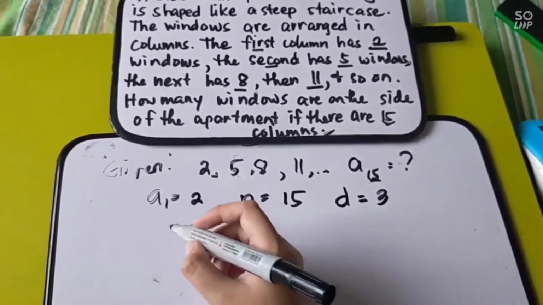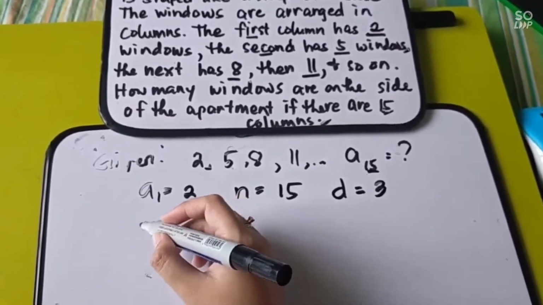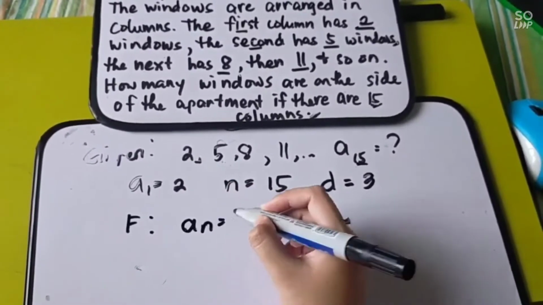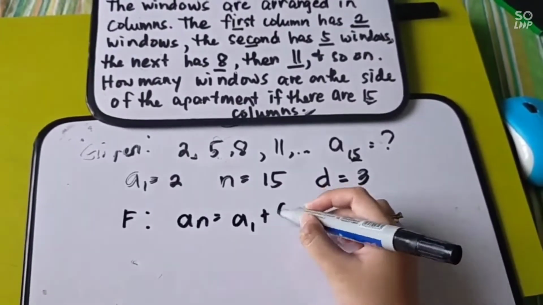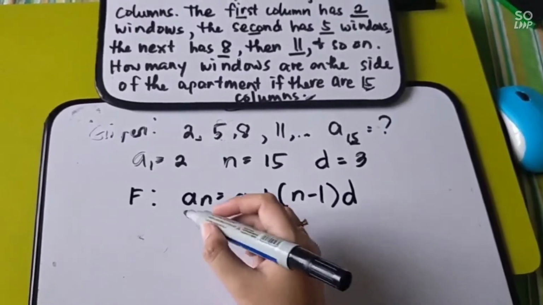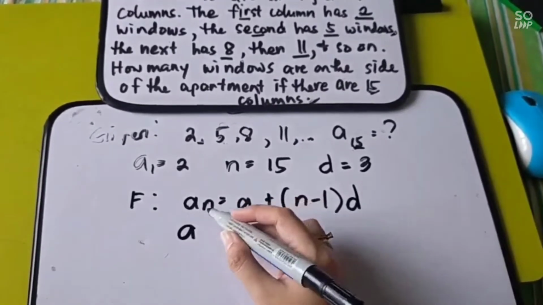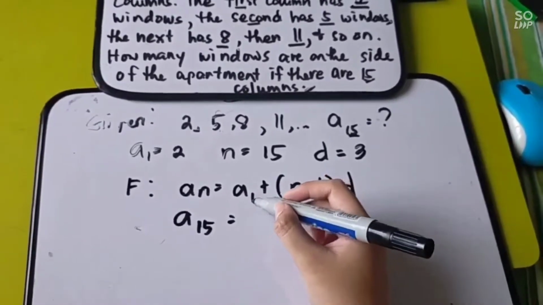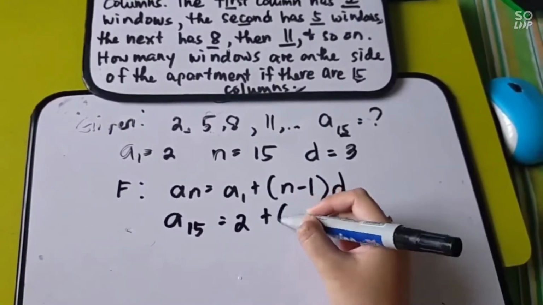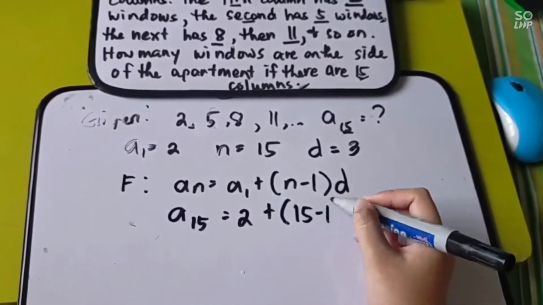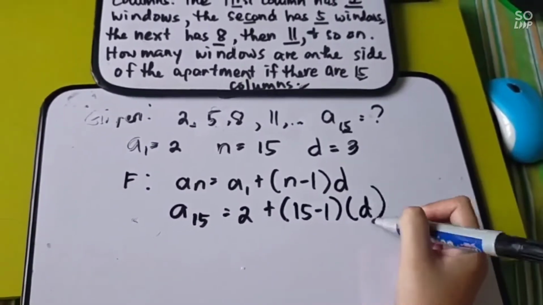Then, since it is arithmetic sequence, ang ating gagamiting formula is A sub n is equal to A sub 1 plus quantity n minus 1 multiplied by D. Then, you are going to substitute. A sub, ang ating n, we have here 15, is equal to our first term, we have here 2, plus quantity our n, we have 15 minus 1 multiplied by D.